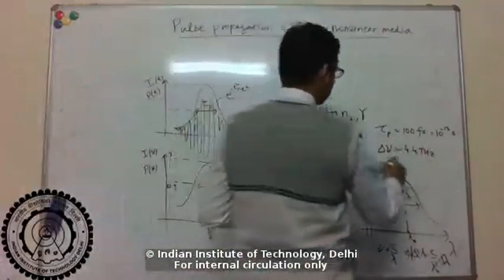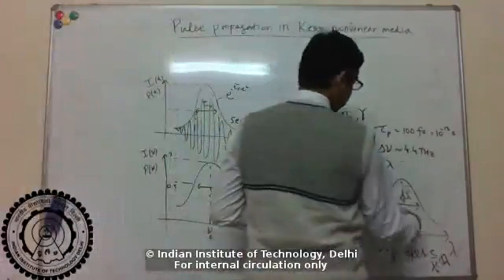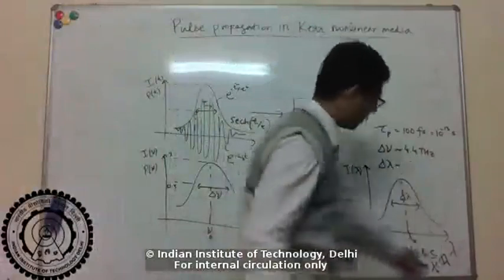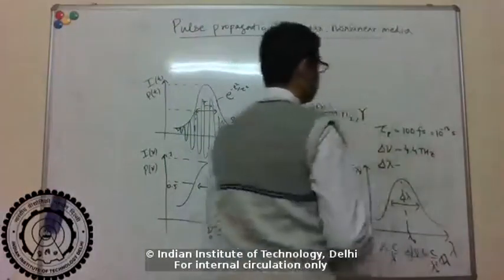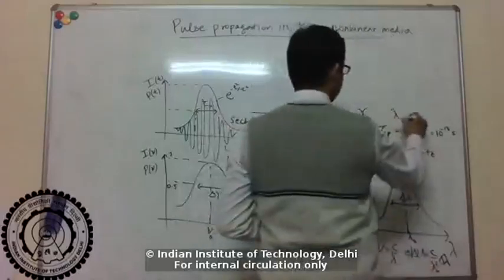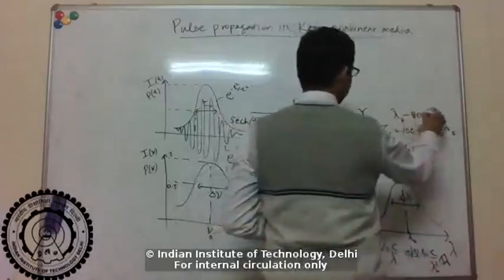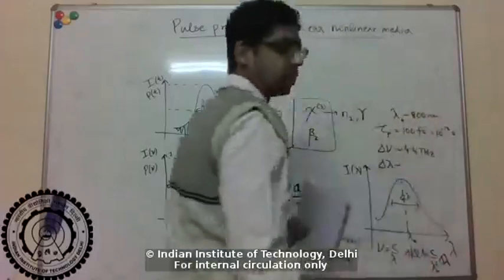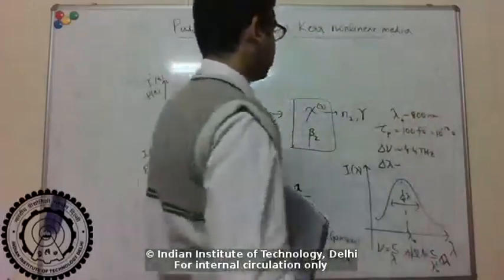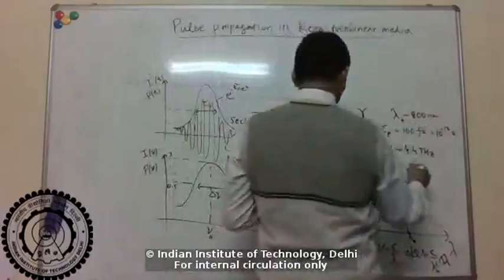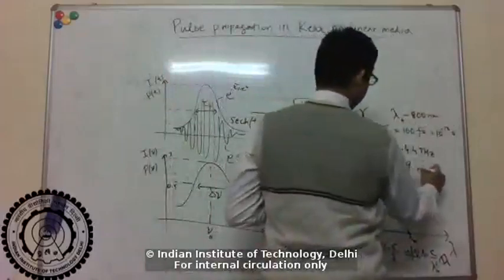And if you calculate in terms of wavelength, of course we need a center wavelength. So let's say the center wavelength is 800 nanometers, which is again typical of pulse lasers. Then delta lambda will come out to be about 9 nanometers.